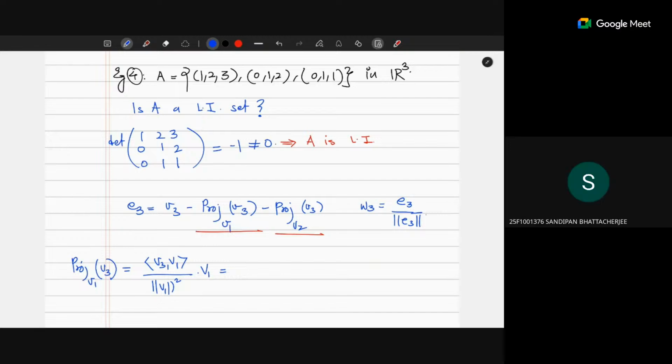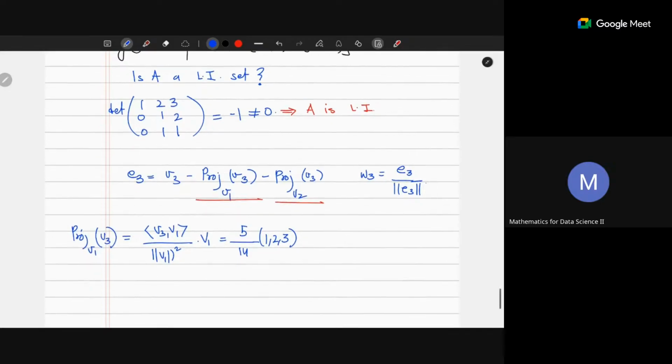So the dot product is 5. Okay, good. And the norm squared is 14. Yeah, it is 14. Right. And V1 is 1, 2, 3. So you just need to multiply. So just keep the fractions for a bit.